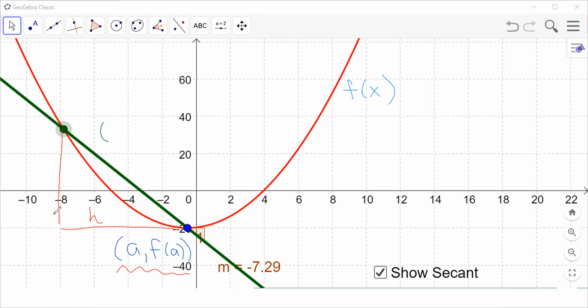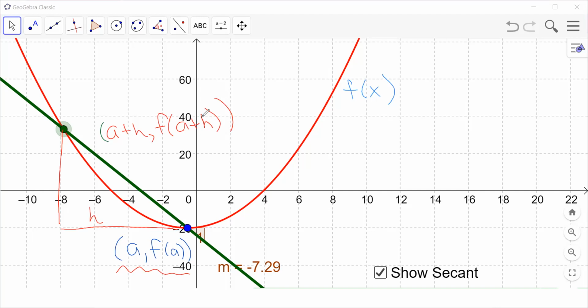So it doesn't matter if I've moved it to the left or to the right. I'm going to just call it a plus h. I'm some distance over. And in this case, if I've moved to the left, h would be a negative value. So my new point, the x coordinate, is a plus h. The y coordinate then would be the function at that moment. And so they call it a plus h, f at a plus h.